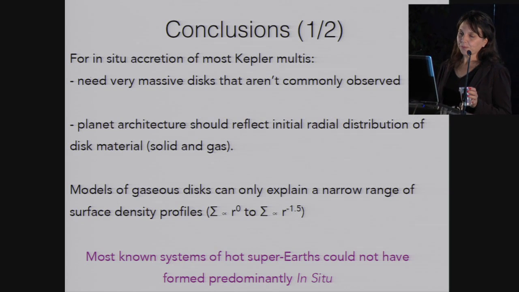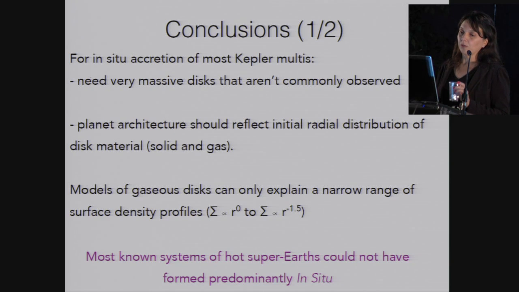So the problem with this is that these types of disks aren't commonly observed. You don't see this much mass close to the star. Another problem with in situ formation is that if they form in situ, then the planet architecture should reflect the initial distribution of material in the parent disk.